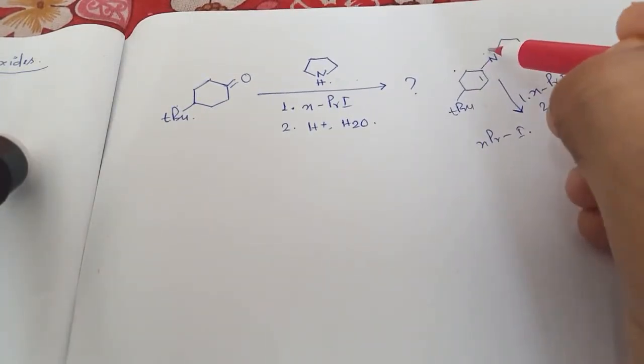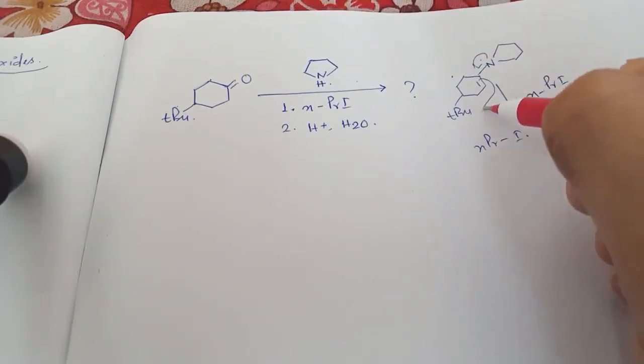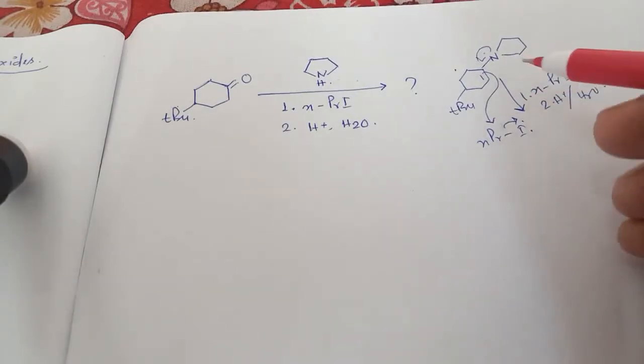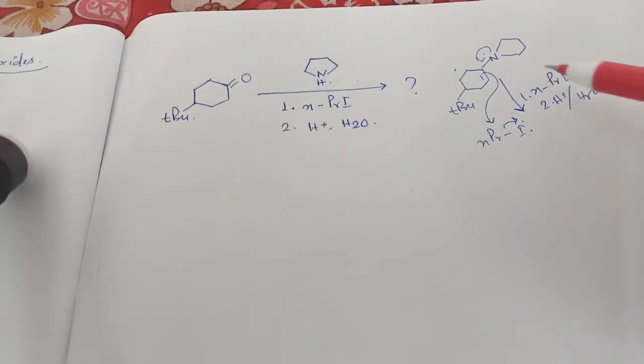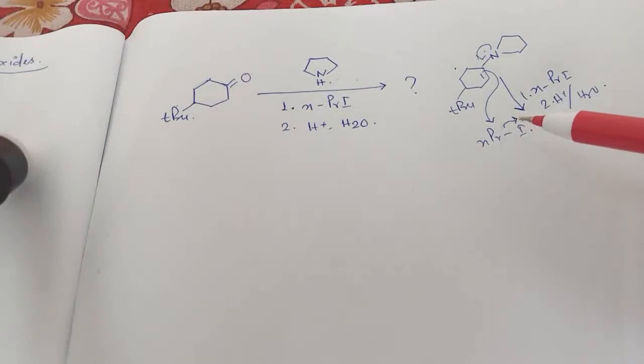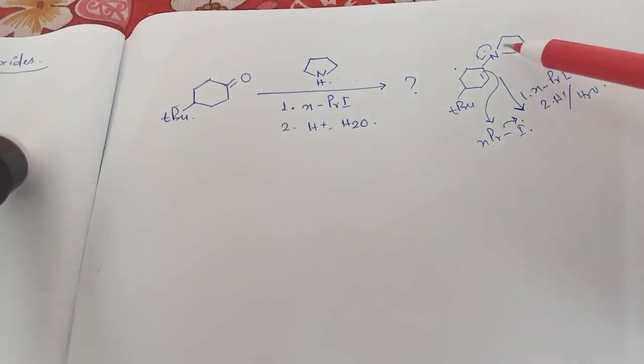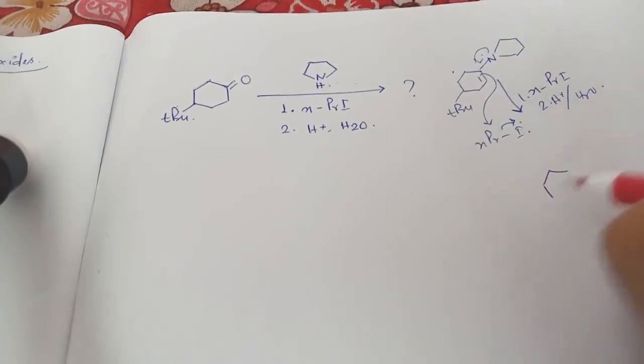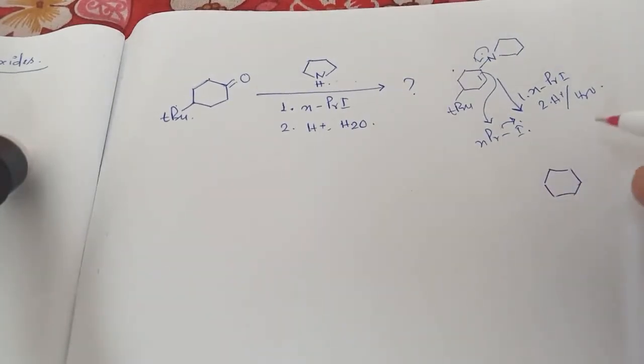Here the nitrogen lone pair will come and this will attack at Pr. Okay. So you can easily predict, but we have to predict through the way I told. So the product will be, after hydrolysis, then it will be the keto.